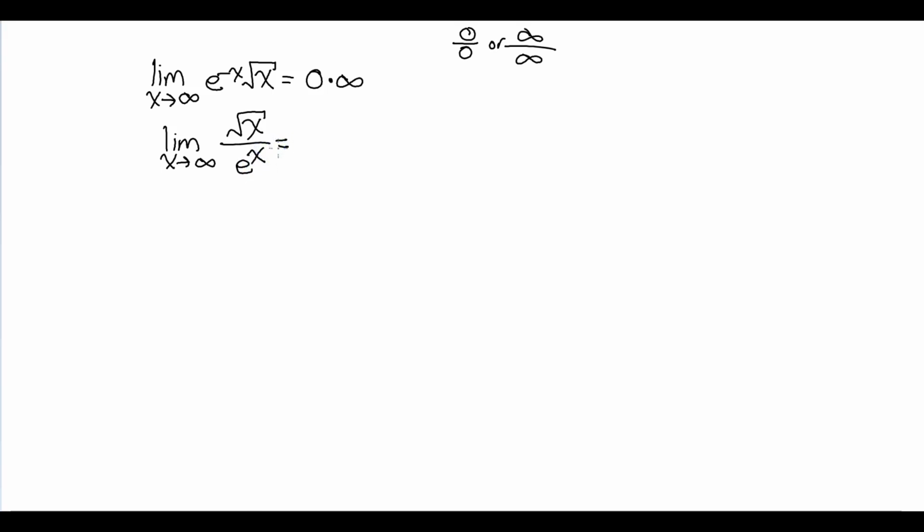And now I have infinity over infinity, which means you can use L'Hopital's rule. So you have 1 over 2 root x over e to the x, which is 1 over 2 e to the x root x, and that is obviously equal to 0. That is a no-brainer.